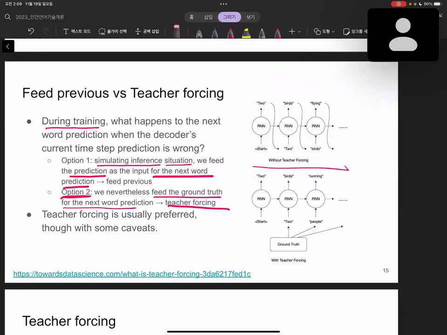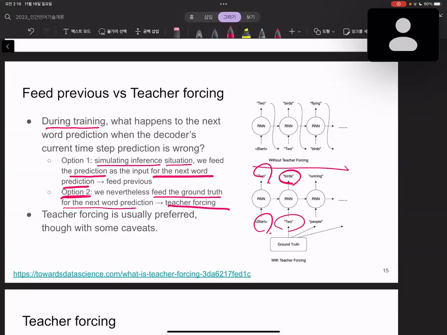So in the first step, from the start token, 2 is predicted. Fortunately, 2 is the ground truth. So 2 is used for the next time step, and bird is predicted, but this bird is not the ground truth.